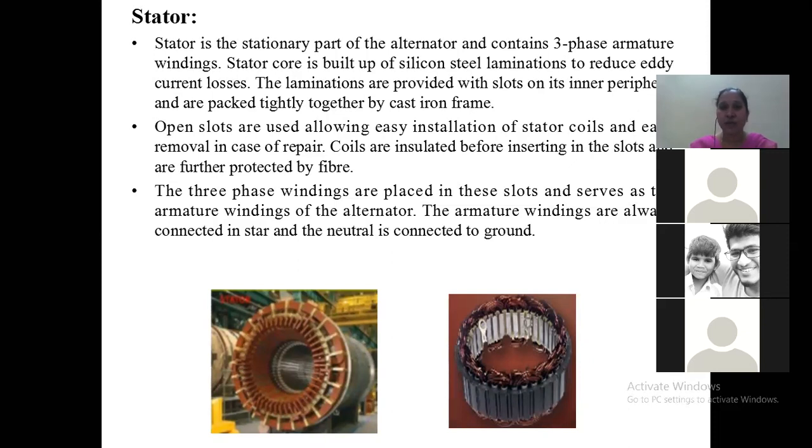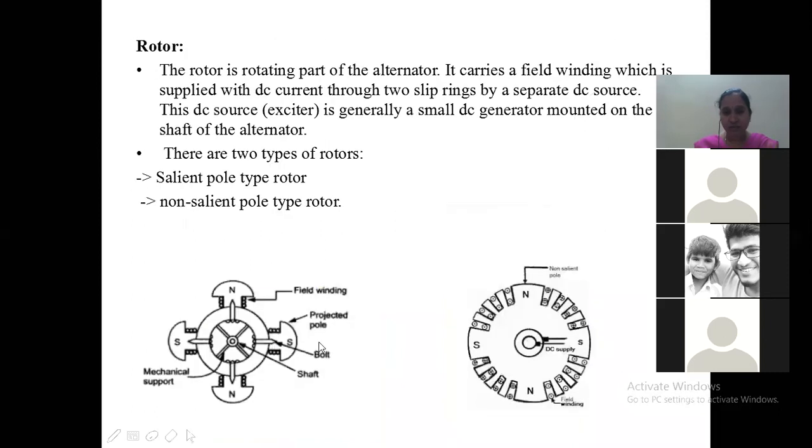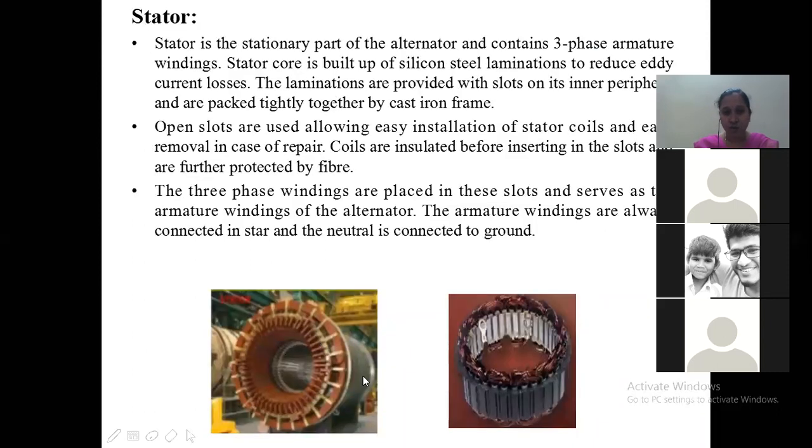The armature windings are always connected in star connection. Remember this always. The armature windings are always connected in a star connection, and the neutral is grounded. So this is our stator. This is how our stator looks.